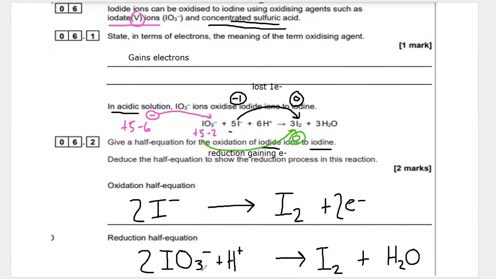And what does that do to the number of oxygens that I have here? Well, 2 times 3 oxygen means I've got 6 oxygens here. So I'm going to need 6 water molecules. And once I have 6 water molecules, I'm going to need to have 12 hydrogen ions. So I now need 12 hydrogen ions.